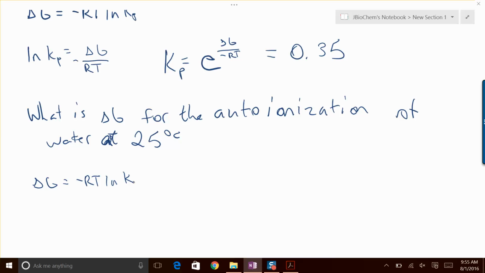Is it a Kb? What is it? In a sense, it is a Kc. But for water, it's what? Kw. There you go. Autoionization of water, Kw. So is that going to be the Kw from before? Yes, that's what you're going to use. Very well. Excellent.